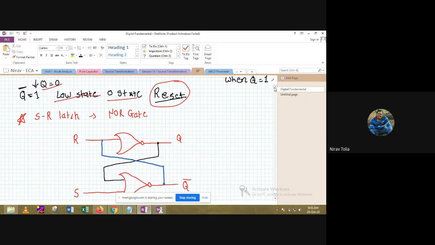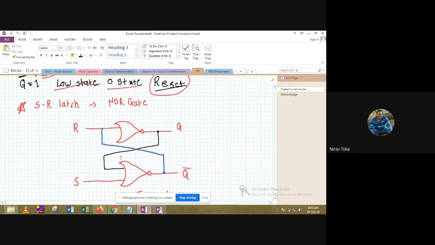It's not compulsory that the SR flip-flop is made only by NOR gates. It's also made by NAND gates. In the same figure, instead of NOR gate, you have to put NAND gate. Let me show you.